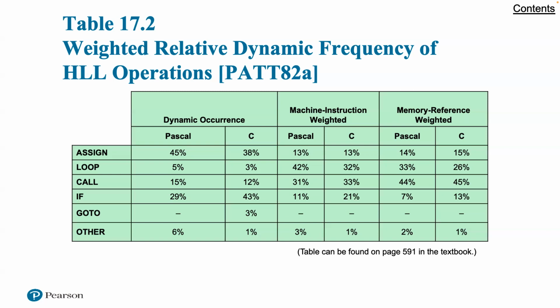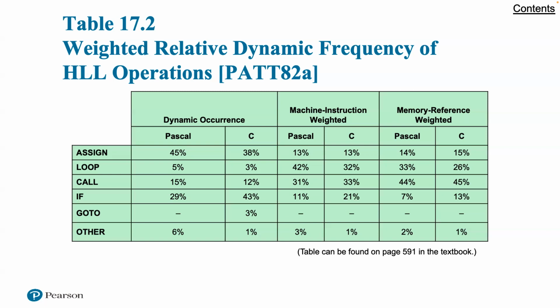To obtain the data in columns 4 and 5, the machine instruction weighted, each value in the second and third columns is multiplied by the number of machine instructions produced by the compiler. These results are then normalized so that columns 4 and 5 show the relative frequency of occurrence weighted by the number of machine instructions per high-level language statement.